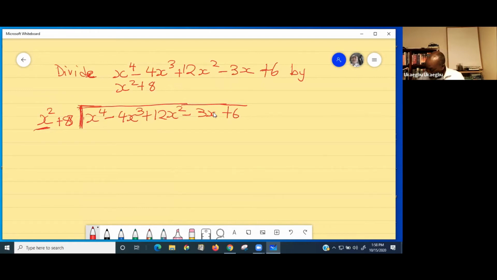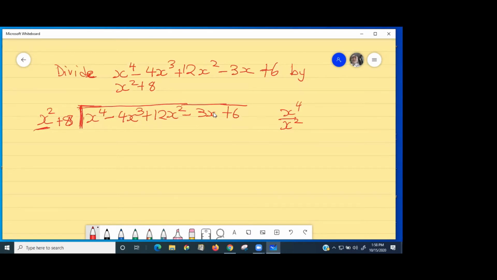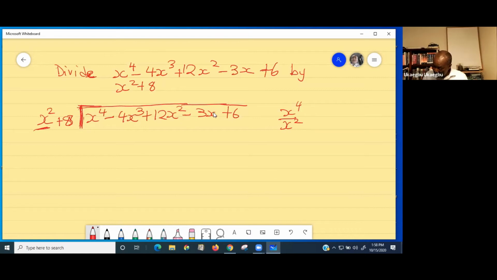You are doing x raised to power 4 divided by x raised to power 2. That's the first thing you do. And when you make that division, it gives you x squared. So then you write x squared. It doesn't matter.